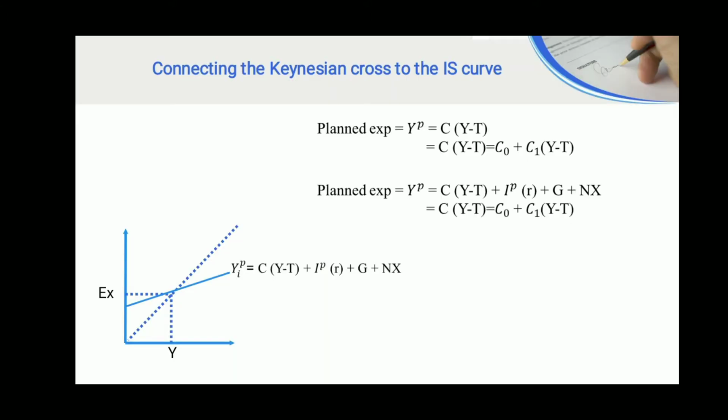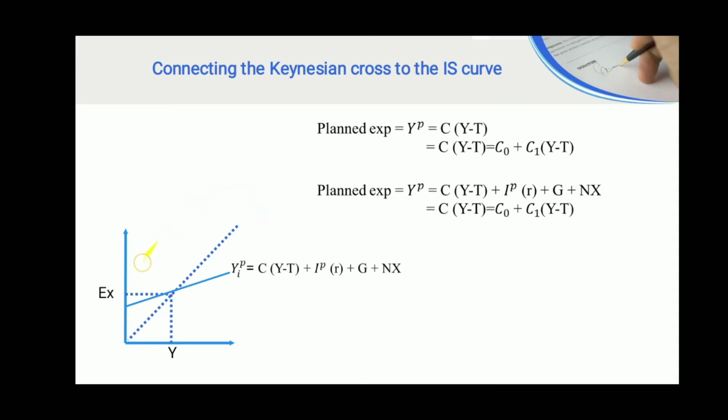Next, here we have the expenditure and we have the income. And we know from many videos that an economy is in equilibrium when the aggregate real income is equal to the aggregate real expenditure. So the circular flow of GDP.